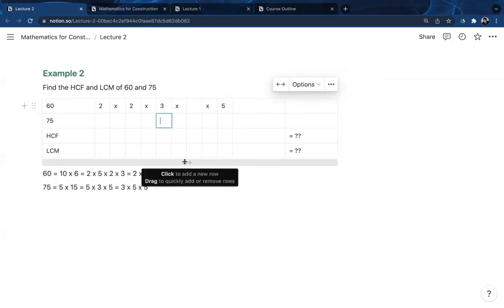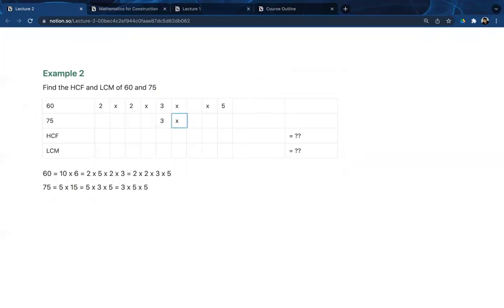So 75 is 3 by 5 by 5. Okay. So what we see we try to see what we could use up, right?